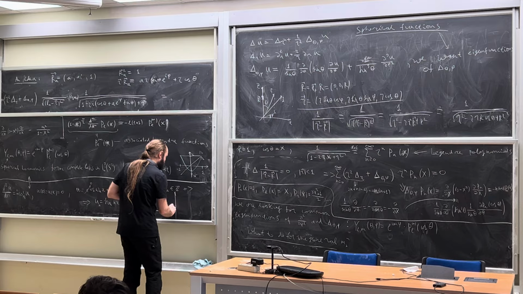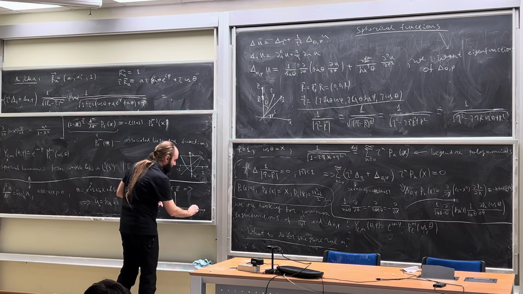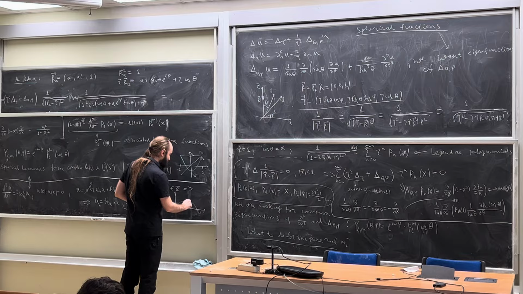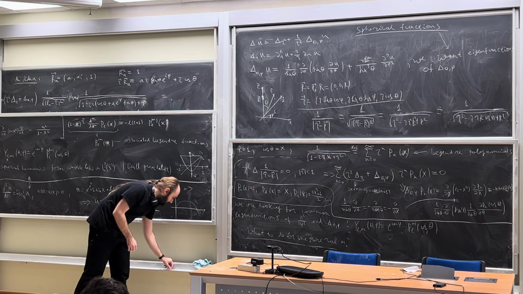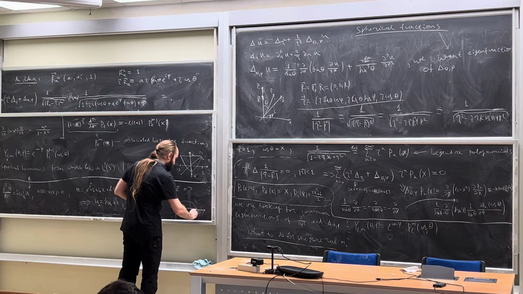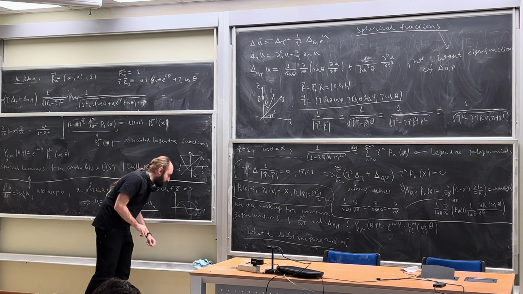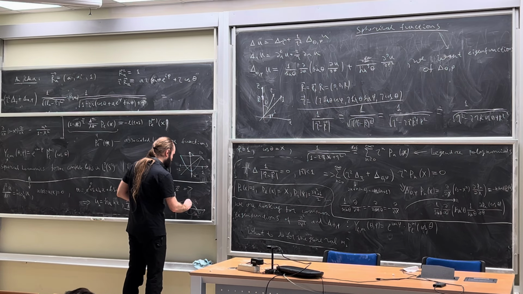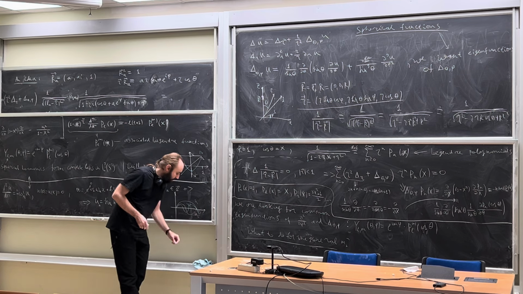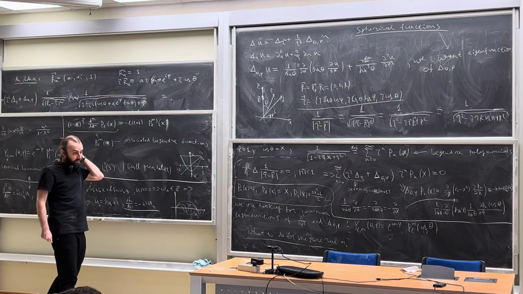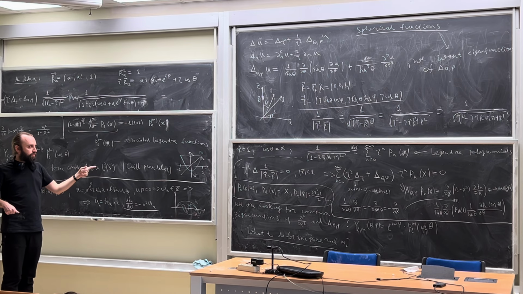So we have U1, U2, and U3, and so on. One similarity that we can see here is that the number of zeros of these functions increases with the number of functions.